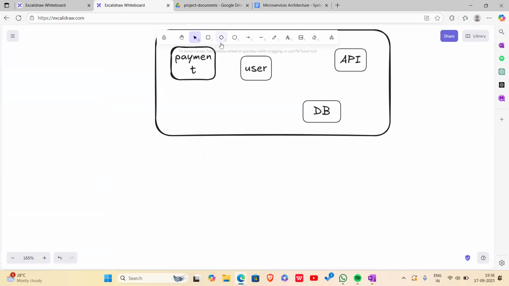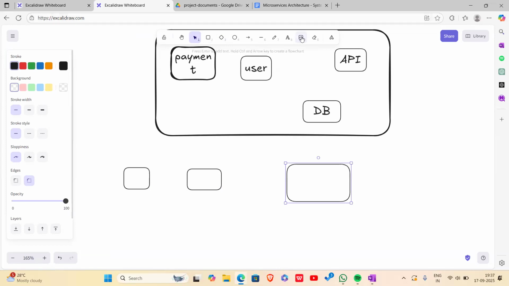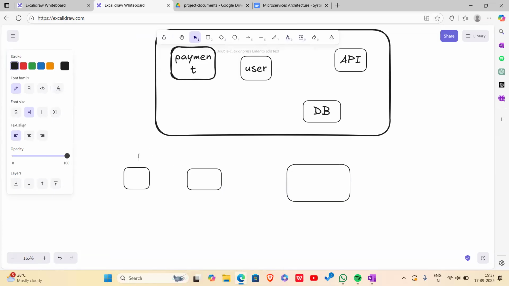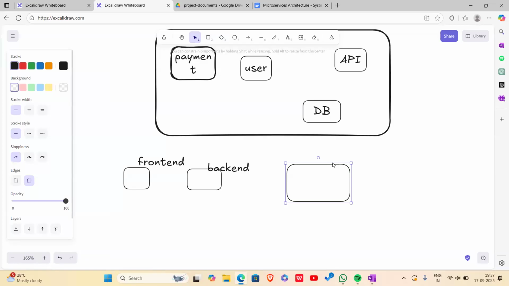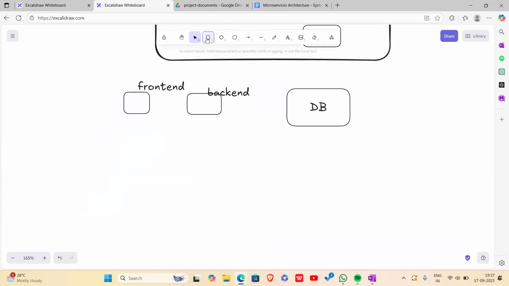So what they are saying is, instead of simply dividing it, as I have mentioned here, simply don't do it like front end, make it a separate service, back end, make it a separate service. For example, DB, don't make it like that, but make it like this.